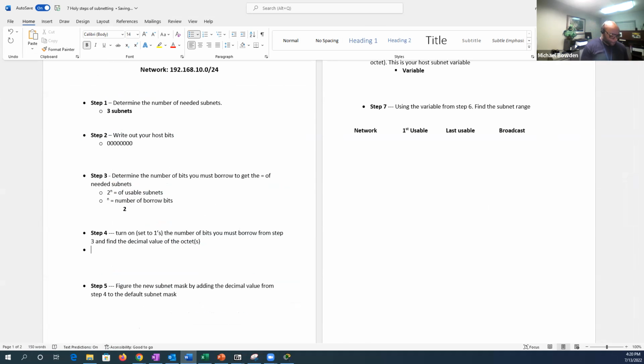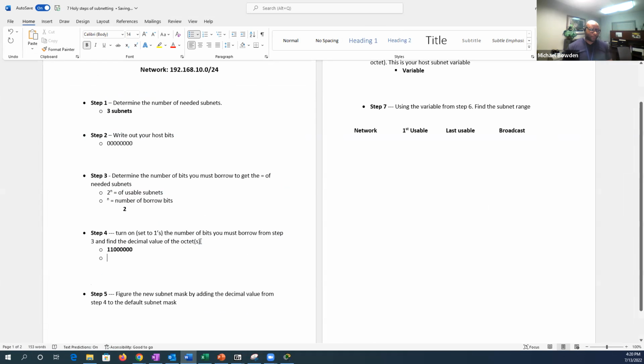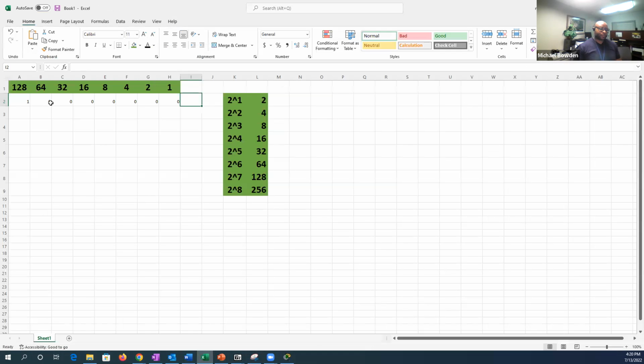Okay, so now we're going to turn on the number of bits we need to borrow from step 3. Then we're going to find that decimal value. So we're borrowing 2 bits. We need 1, 2. So we turned on the 2 bits. Now we need the decimal value of that. That decimal value we're going to get from adding up here.